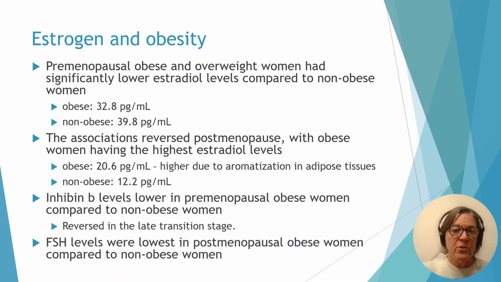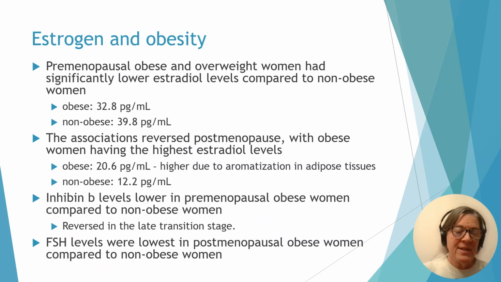And this is due to the aromatization of testosterone and other androgen precursors into estrogen in the adipose tissues. And you may find that some of your overweight or obese patients actually have an easier transition because there's not as abrupt of a withdrawal, as abrupt of a change in the estrogen levels.